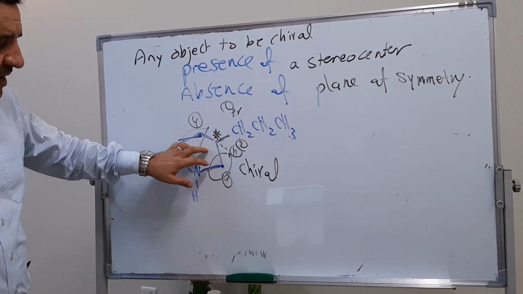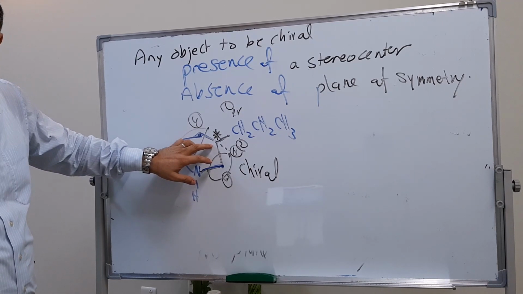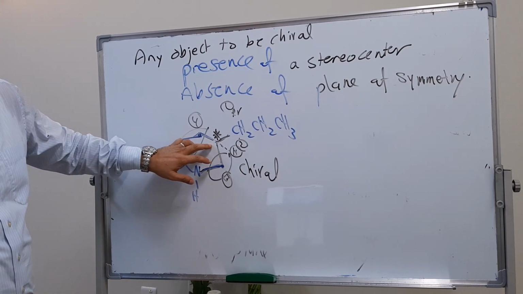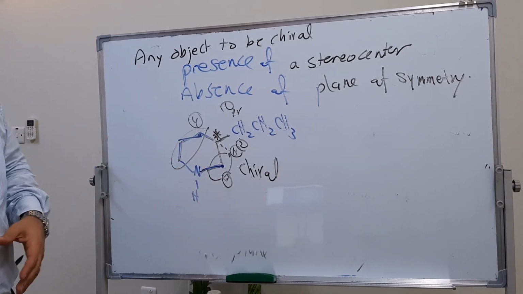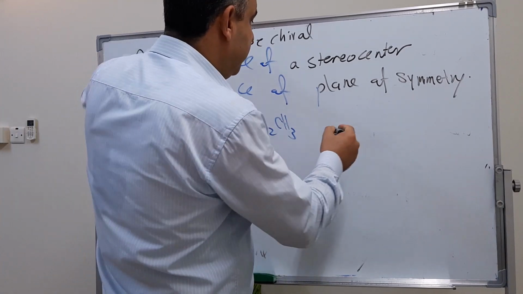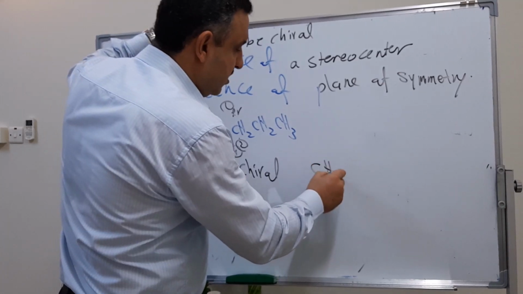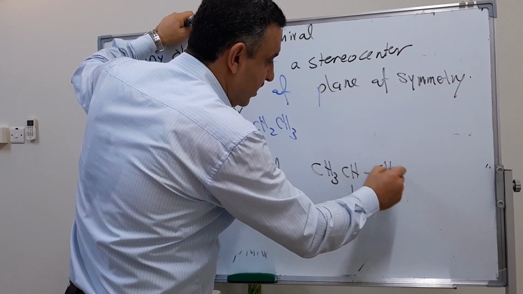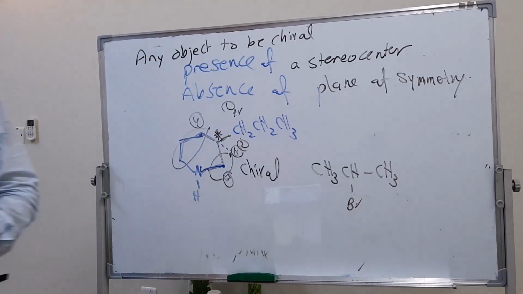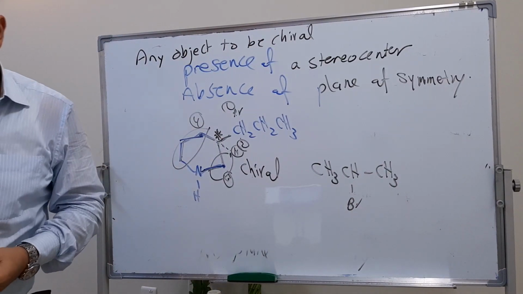Any other question? Maria, is that clear? Wonderful. So let's take another example here. For example, CH3, CH, Br, CH3. Is this molecule chiral or achiral?